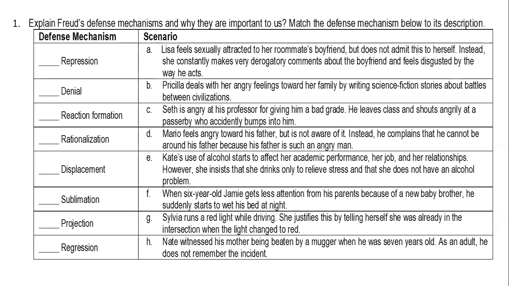Letter B. Priscilla deals with angry feelings towards her family by writing science fiction stories about battles between civilizations. Does any group know what answer this would be? So taking those mad feelings and putting that energy into something creative.